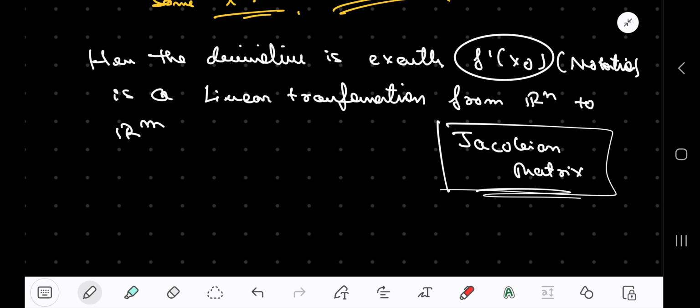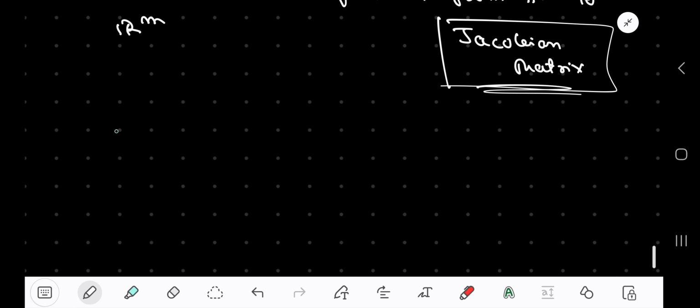Moreover, what we can see is that we are keeping in mind the linearization of the function. In the one dimensional case, we were trying to linearize it with respect to the tangent line, and here we are trying to linearize it with respect to this linear transformation, because the transformation itself is linear in nature.